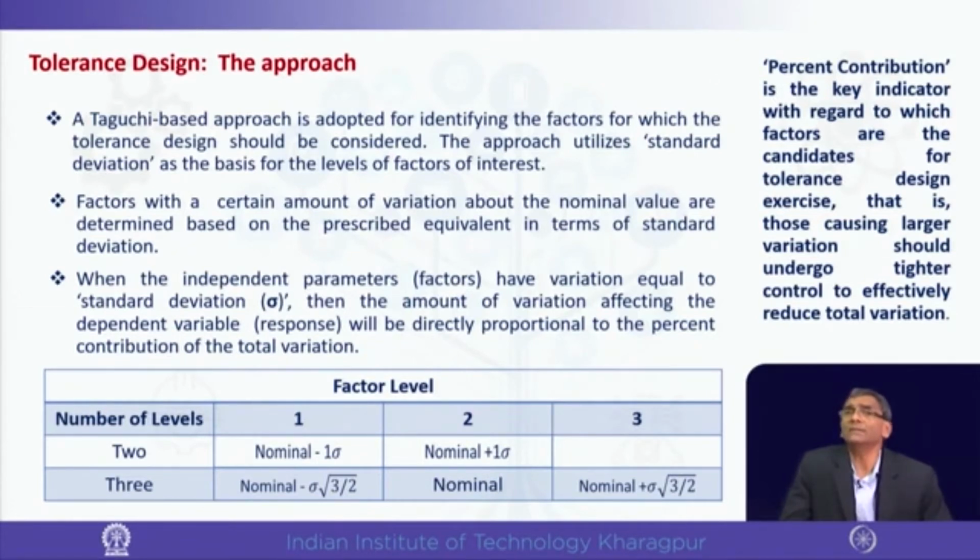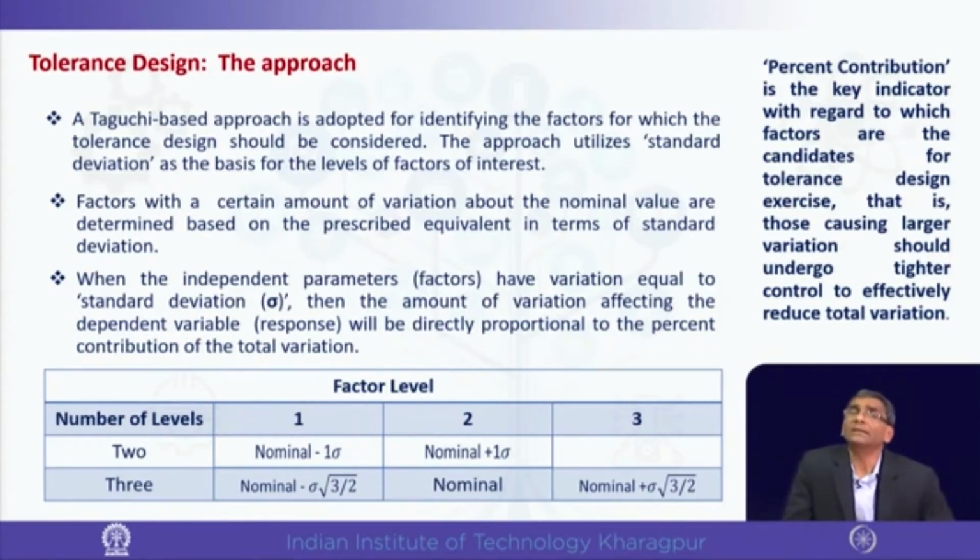This has already been devised and it is universally accepted, and it is used by practitioners and everybody. And the mid value is nominal, as I said. So, this is the fundamental understanding.